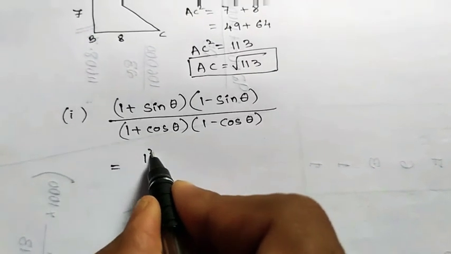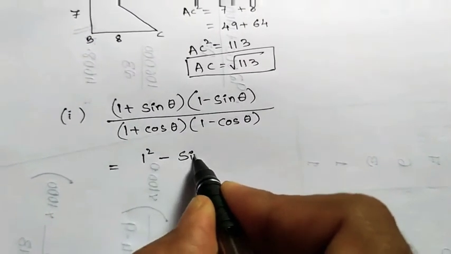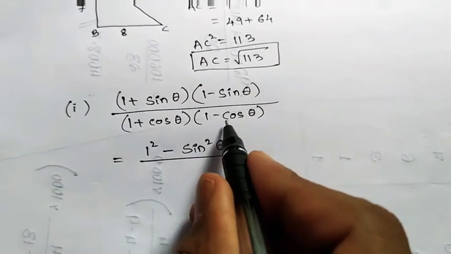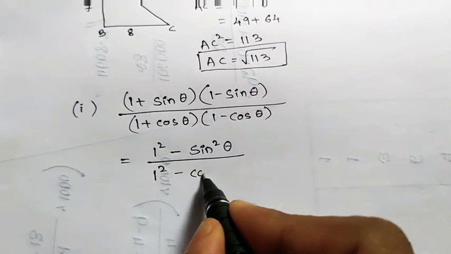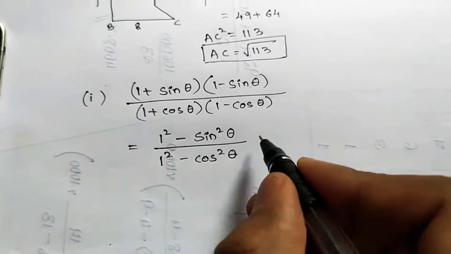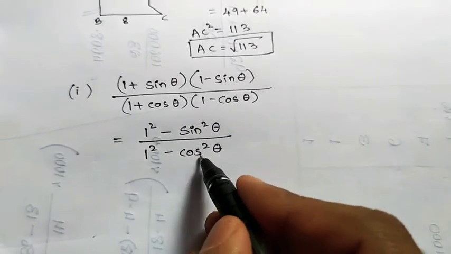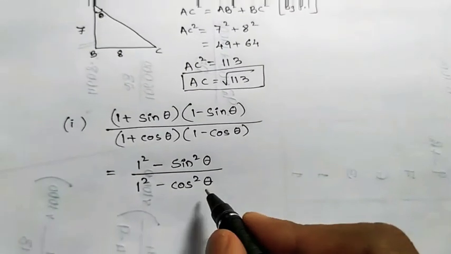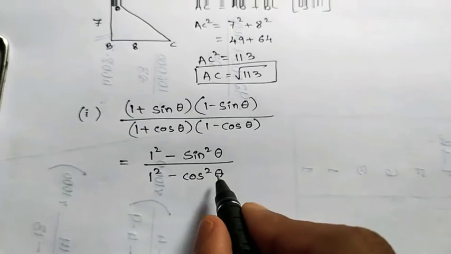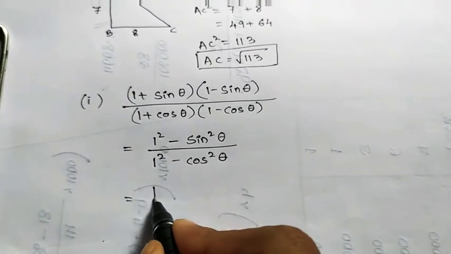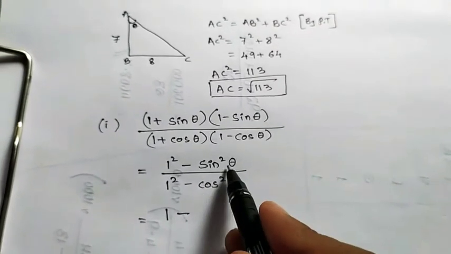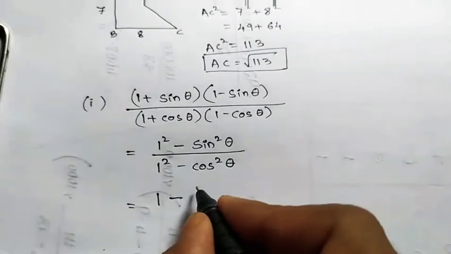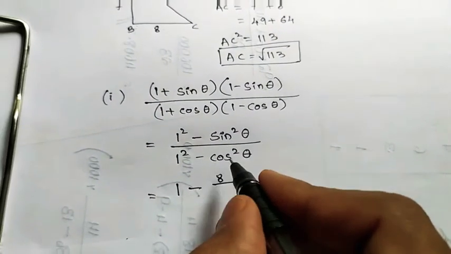So here we will get 1 square minus sin square theta, and here 1 square minus cos square theta. But we don't know sin and cos theta, so first you find that one, before writing this, afterwards you can use it. Directly I will use 1 minus sin square theta. Here theta is there, sin means opposite, 8 by hypotenuse.